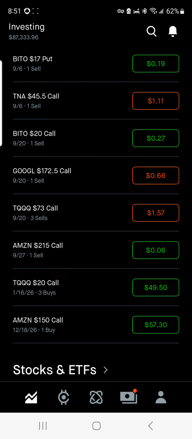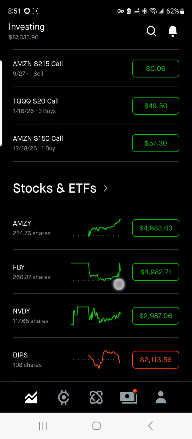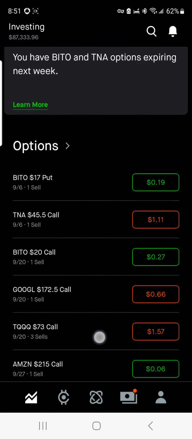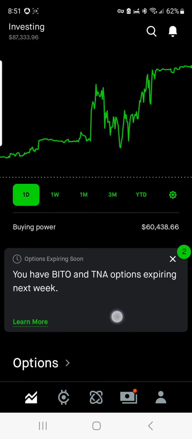I may do a 170 or 172, but ideally I want to sell calls at least at my cost basis. It's a long-term play, and it is sucking a lot of capital out, so I don't mind at all if I get this called away, and then I could go ahead and buy more high yield dividend ETFs. Plus, I've got lots of margin here.